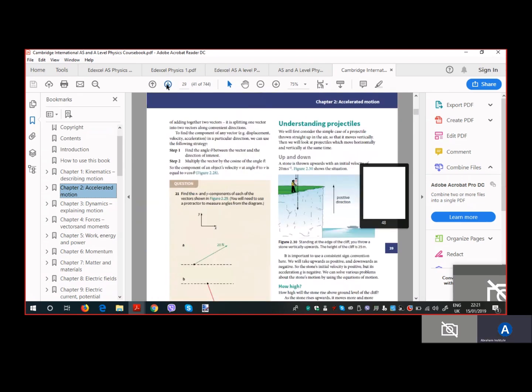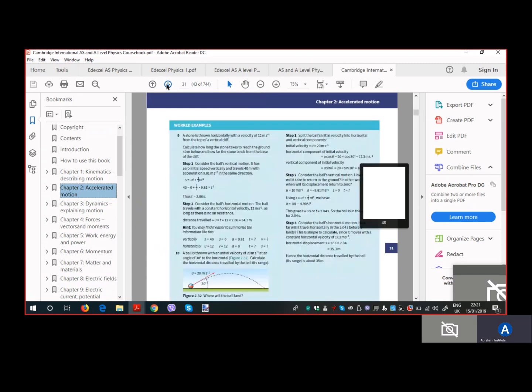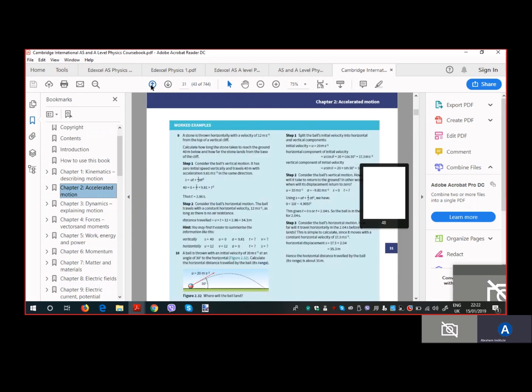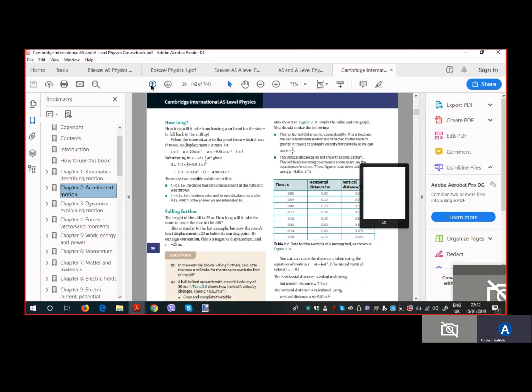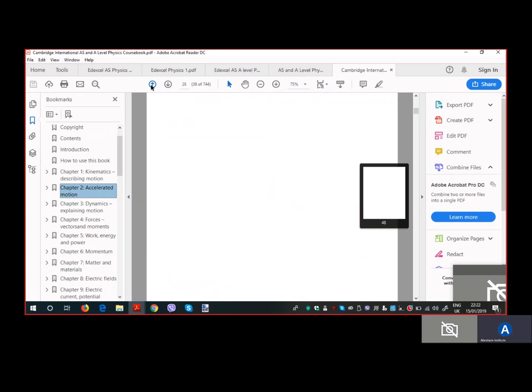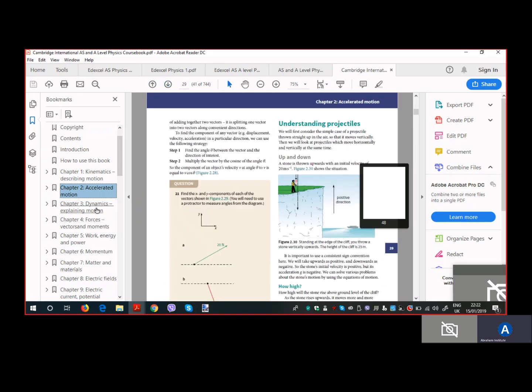No, sir, I'm asking about the symbol. Oh, the symbol for velocity is V. Speed also we use V. Okay, V for speed and velocity both. Yeah. There is a table with all those units, quantities rather. I'll show you.